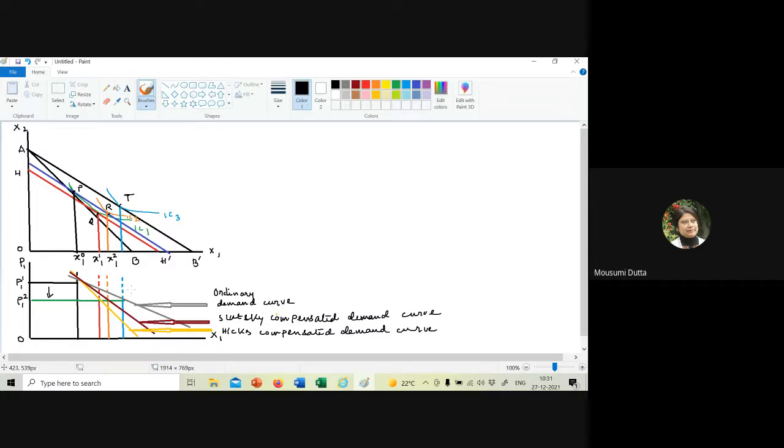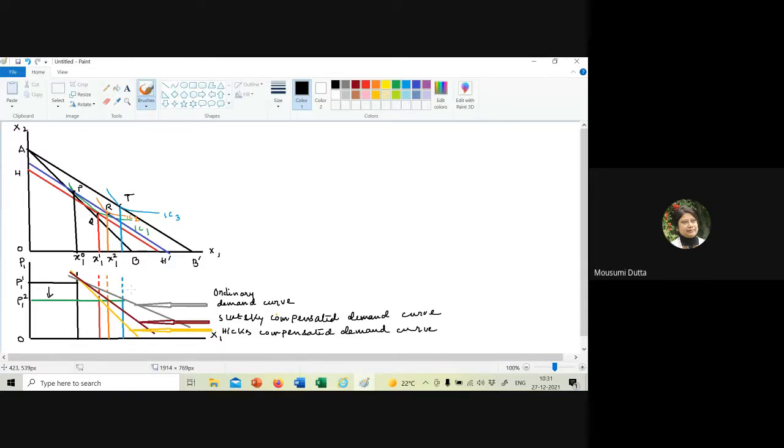So for Slutsky, it is immaterial whether IC1 or IC2 or IC3. He is putting the matter in this way. I have to consider that amounts of X1 and X2 which the consumer used to purchase without incorporating the change in the price. So Slutsky's focus is on a point, whereas Hicks' focus is on indifference curve.